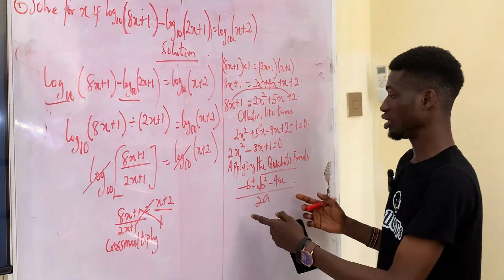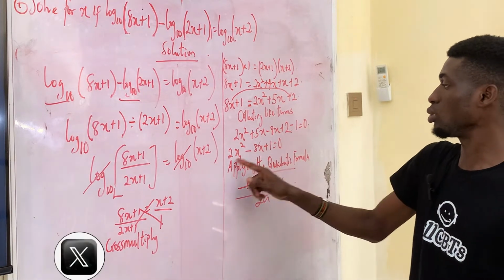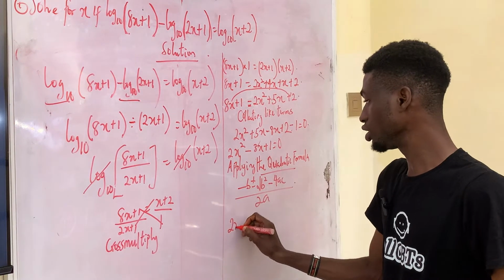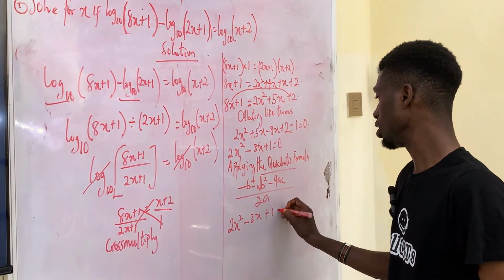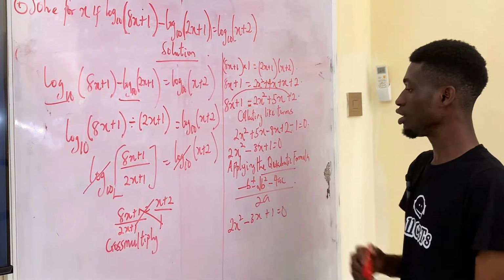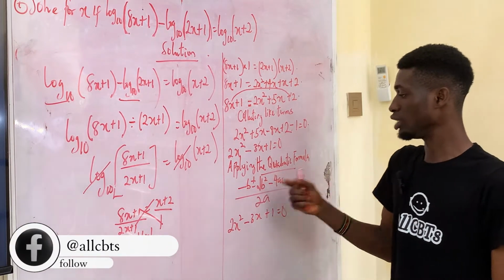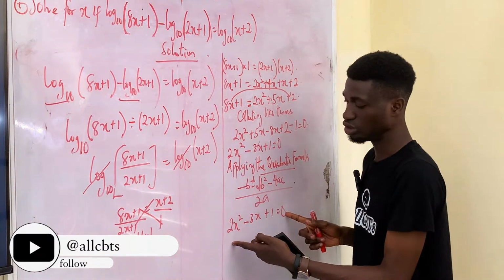Once you state the quadratic formula, you have to equate it with the equation you have. Now the equation given to you is 2x squared minus 3x plus 1 equals 0. In the formula we have just letters: we have b, we have b squared, we have a, we have c. Now how is it in relation to this?